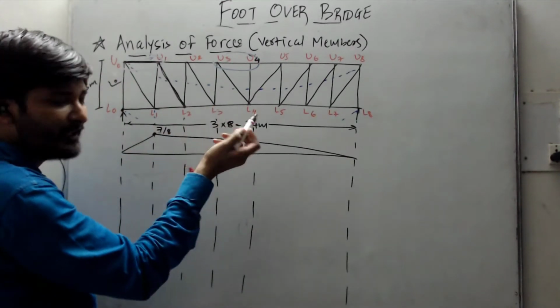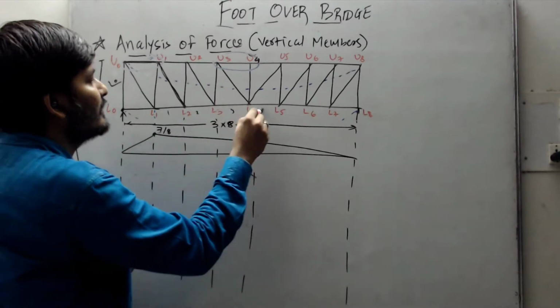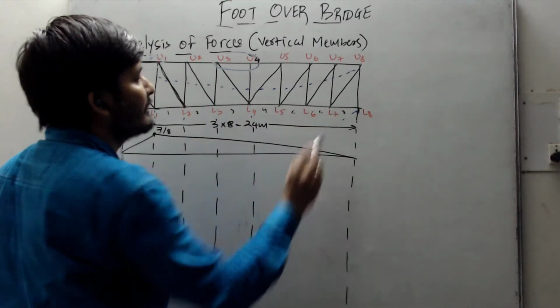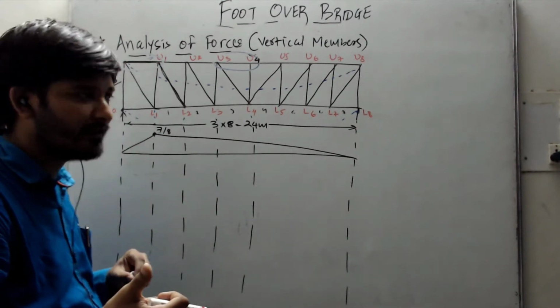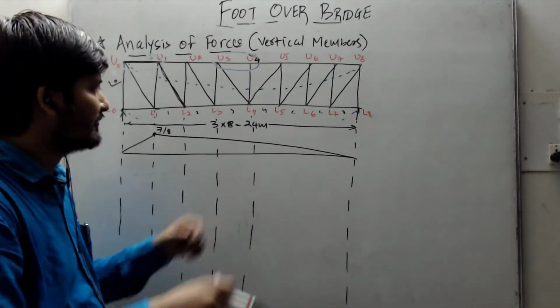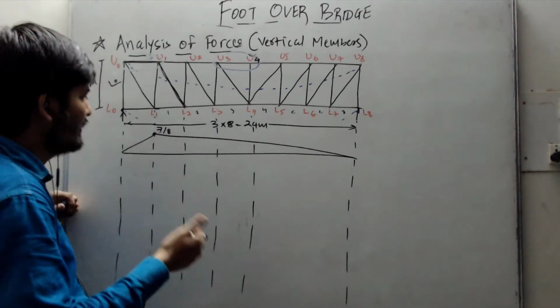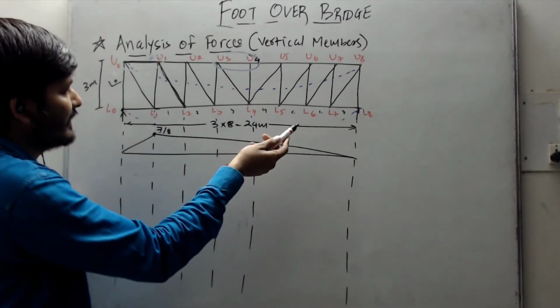So 1, 2, 3, 4, 5, 6 and 7. 7 spans are there. This is just a thumb rule to remember, I'm not exactly describing the process. So on the right hand side I have 7 spans, so divide by 8.